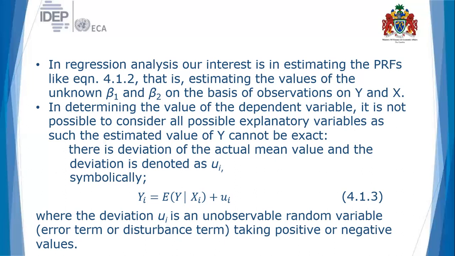As a result, there is a deviation from the actual mean value, and the deviation is denoted as ui. So symbolically, we can say yi is equal to the expected value of y given xi plus the deviation ui, where the deviation ui is an unobservable random variable, also known as the error term or disturbance term, which can be either a positive or negative value.